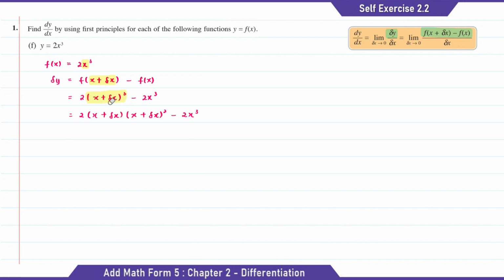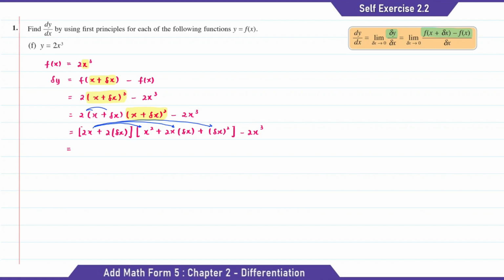To expand x plus delta x cubed, I can write it as x plus delta x times x plus delta x squared. First I am going to expand this. This is 2x plus 2 delta x. Then I am also going to expand it. So this will be x squared plus 2x delta x plus delta x squared, minus 2x cubed.